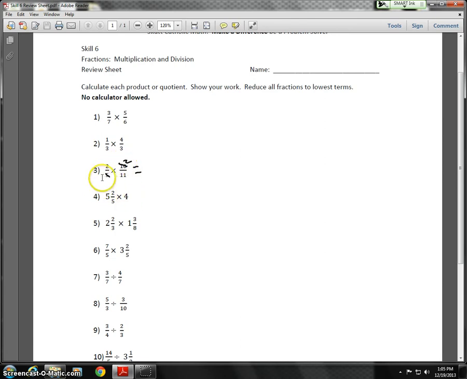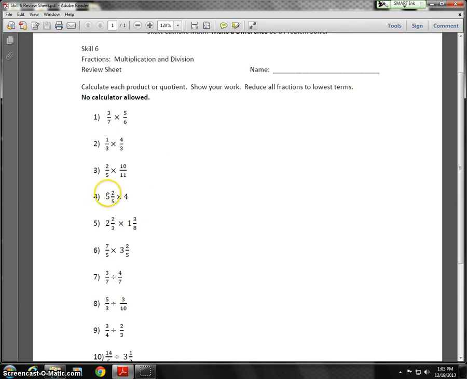And 5 becomes a 1, because 5 divided by 5 is 1. So we can multiply the fraction now. 2 times 2, which is 4, over 1 times 11, which is 11. So sometimes reducing fractions before you multiply makes it a little bit easier problem when you're all done. So number 3, the answer is 4/11.